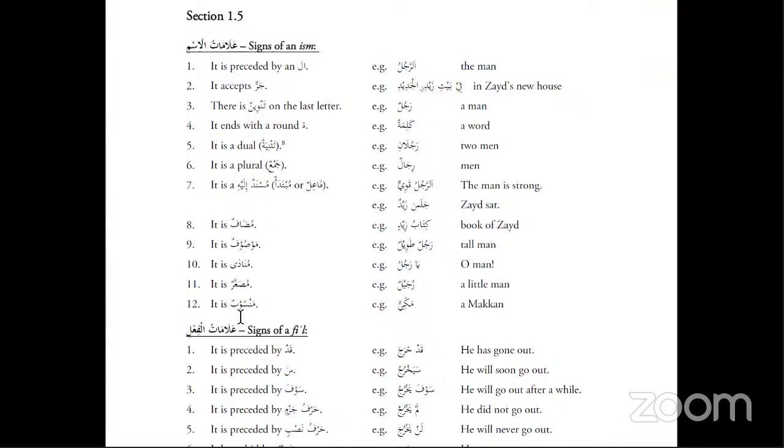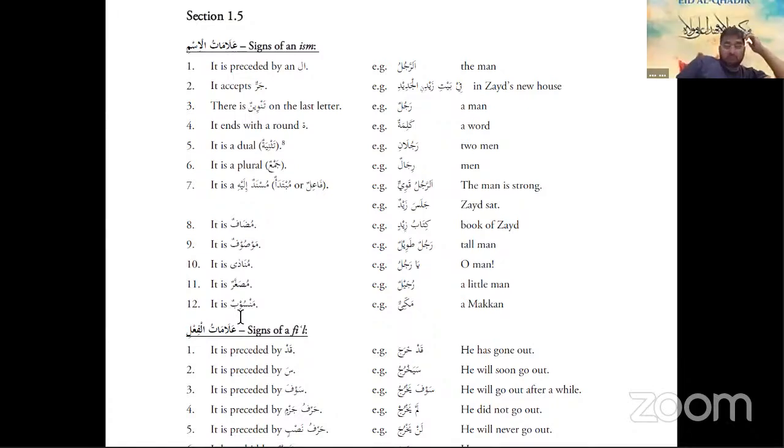It ends with the round ta. Correct. So any noun which has a ta marbuta at the end, it's a sign that the noun is feminine. And this ta marbuta, which is round, only comes with nouns, not with verbs.